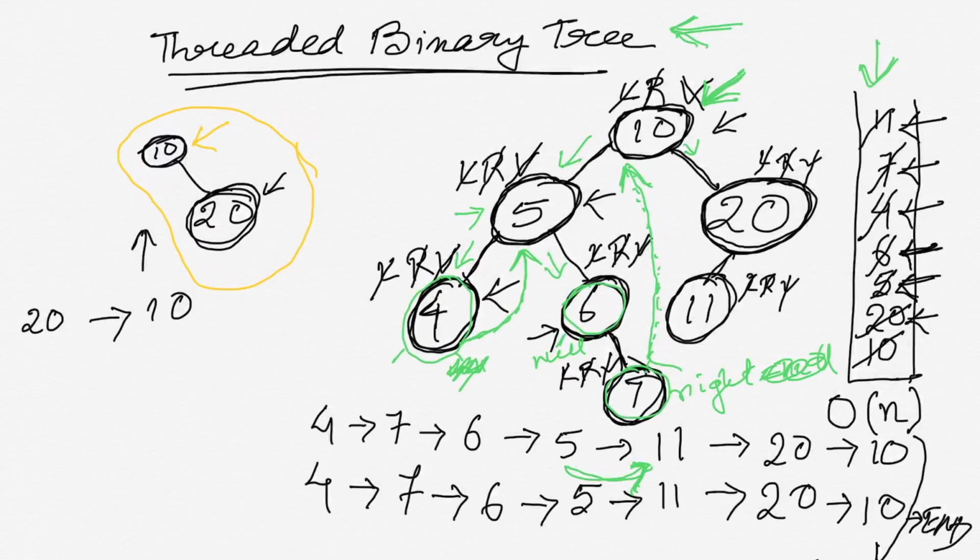So we move on to its right child, and we see that this happens to be a predecessor node, and it has its right child pointing to the successor node, which is 10.